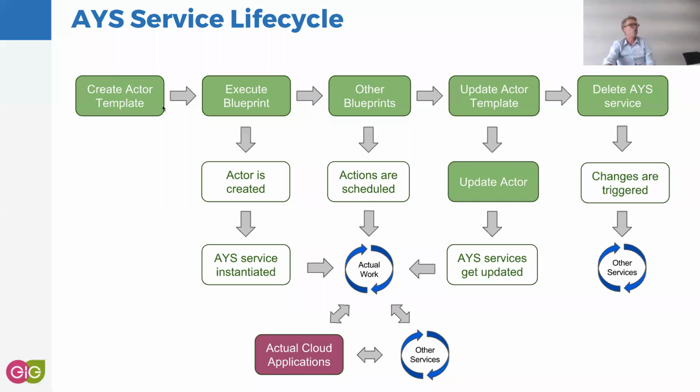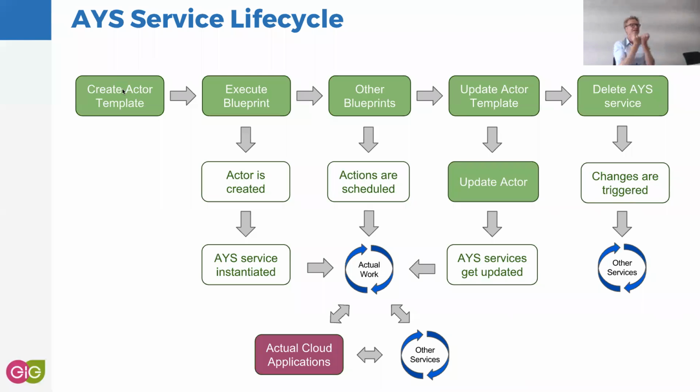The life cycle always starts, as already explained, by the creation of a template. You cannot instantiate an AYS service if there is no template for it. So we need to create a template. Going through the documentation, you will see that we have created templates for many things, and I will show them to you going along. But I'll also create one together with you today.